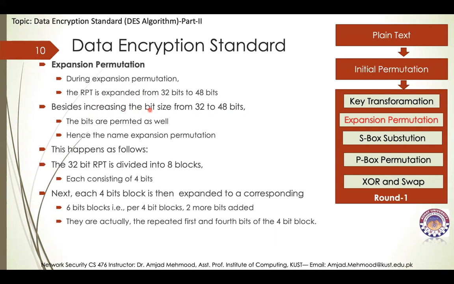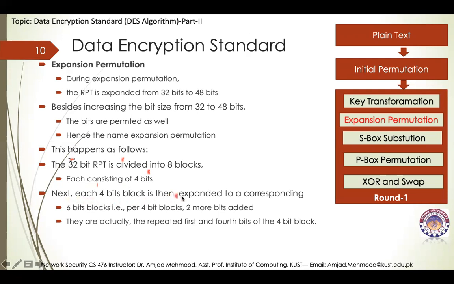Besides increasing the bit size from 32 to 48 bits, the bits are permuted as well, hence the name expansion permutation. As the name suggests, expansion permutation means that you increase the size from 32 to 48 bits. The 32-bit RPT is divided into 8 blocks, each consisting of 4 bits.